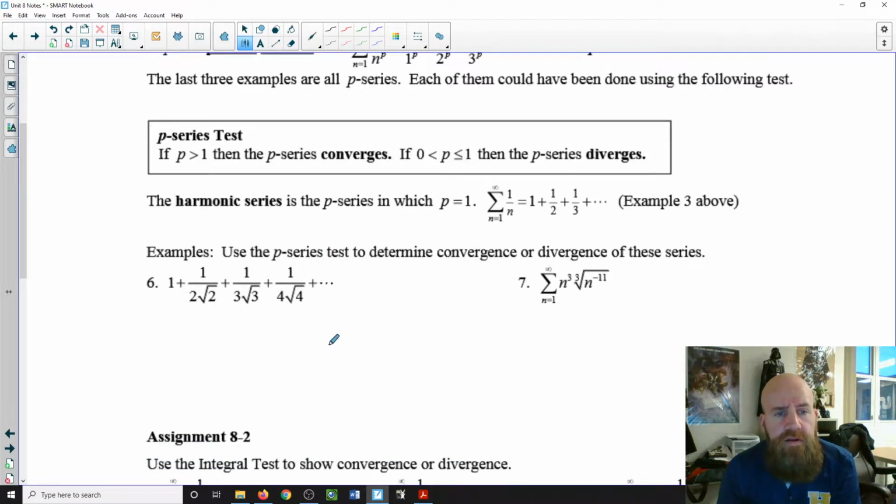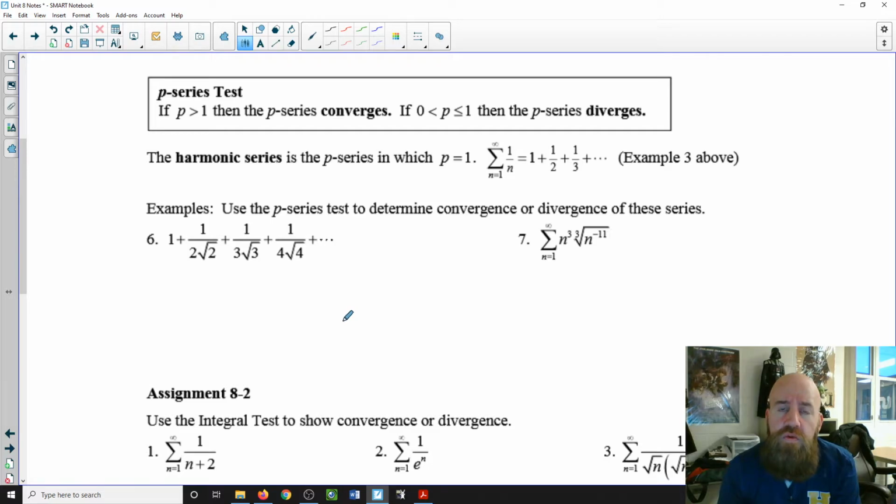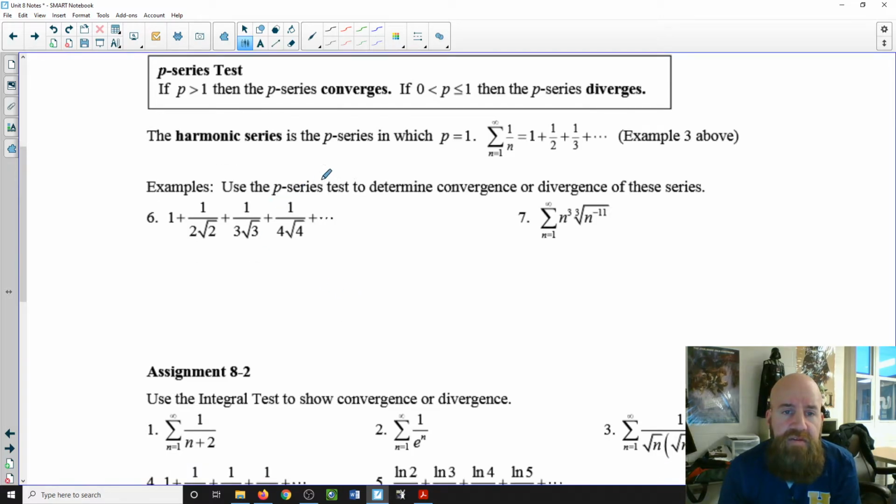So let's quickly take a look at 2 examples of the P-series, and we'll be done. For this first one, we are determining what we're starting with. It's a little bit different. We're not given a series in summation notation, so we're going to go ahead and write our own.